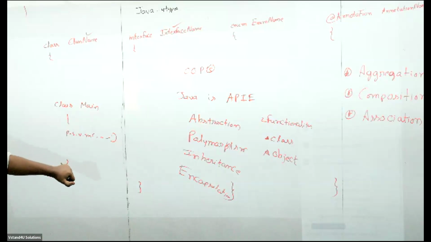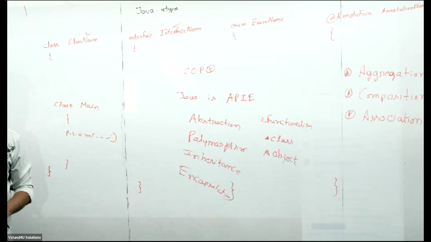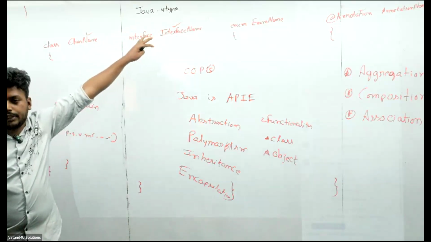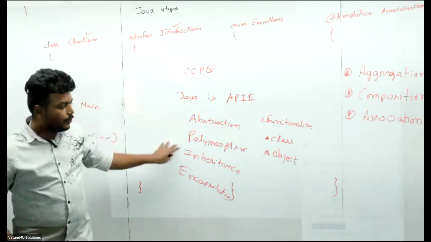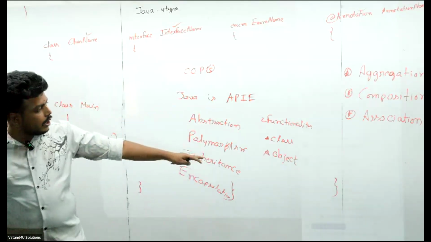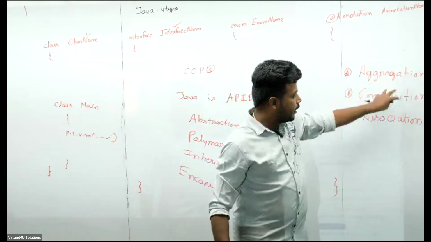Write it down. We'll start with the session. First, you write the topic as Java four types. Write these four types. Again, you write these four principles and some other principles in the OOPS concept, and write these three points.